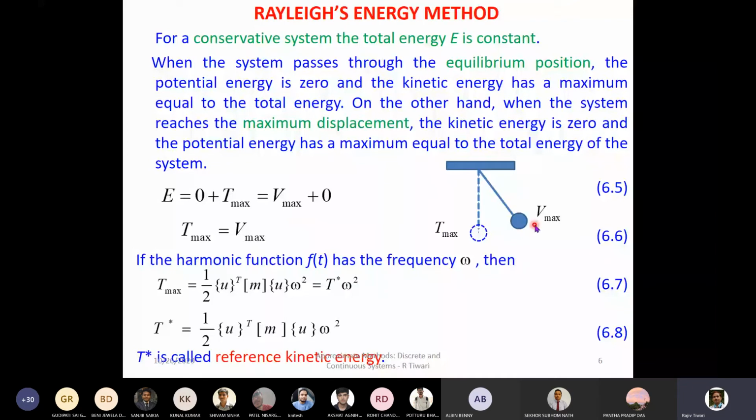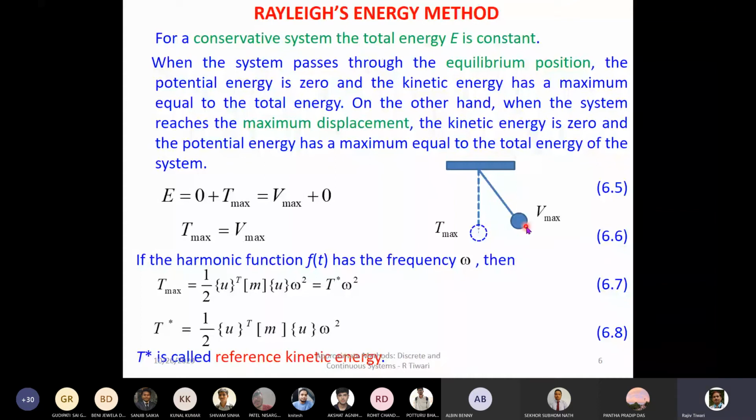And we know that in a conservative system, the total energy, the potential energy plus the kinetic energy at any particular point, is equal. So both will be equated to the total energy of the system. That gives us a relationship that the maximum kinetic energy of the system will be equal to the maximum potential energy of the system, which take place at this location and this location respectively.